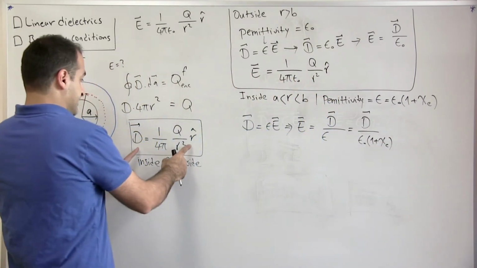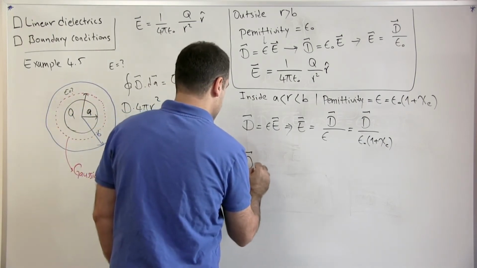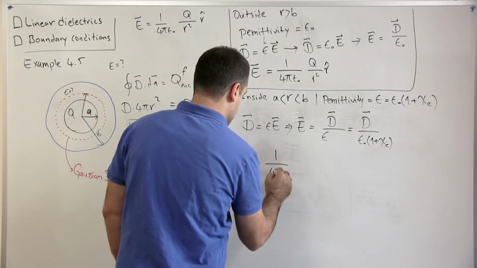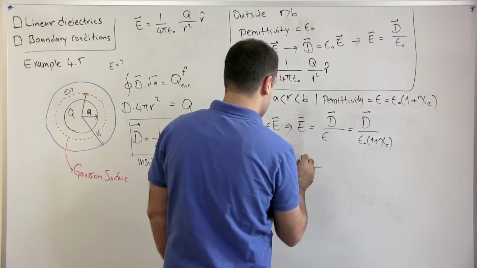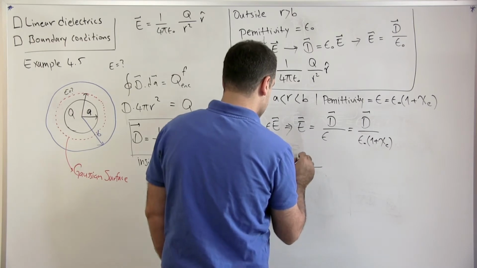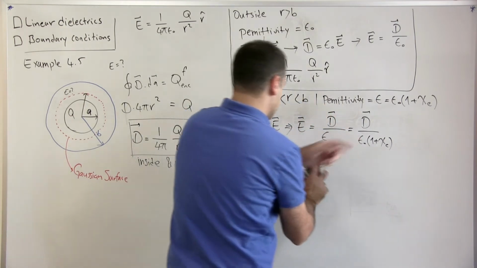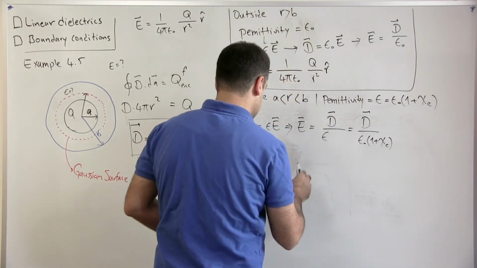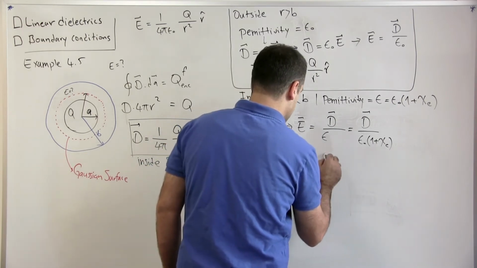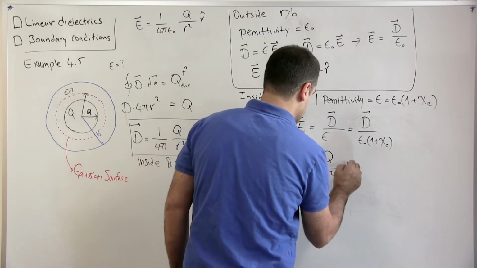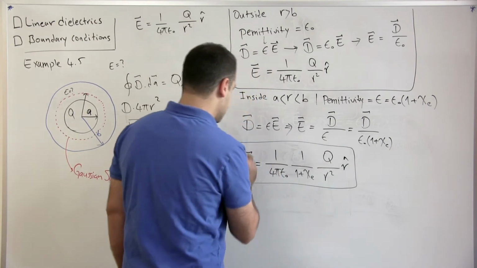The electric displacement, we already calculated that here. So D becomes 1 over 4 pi epsilon 0, which is this factor, times Q over R squared times R hat, with the additional factor of 1 over 1 plus chi E. Okay, so this is the electric field that we get.